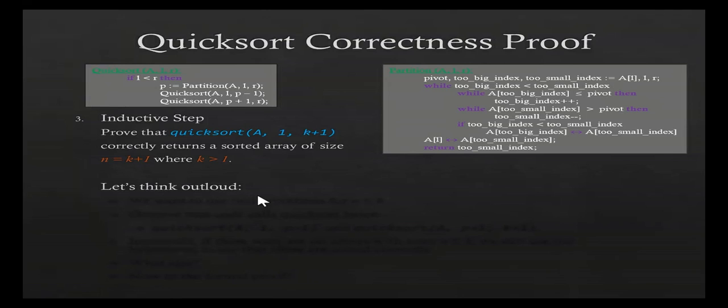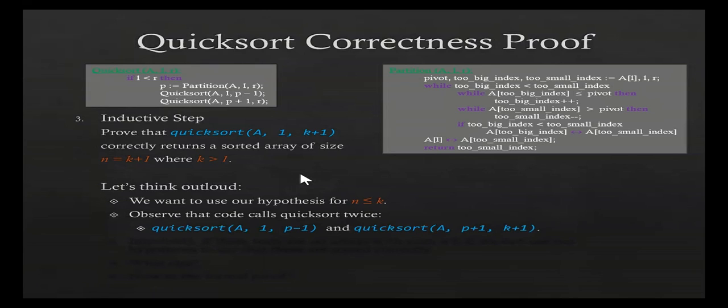So let's think about it. We want to use our hypothesis for n smaller than or equal to k and observe the code that must cause the two quicksort calls, right? Because we have more than 2 elements, we have left subarrays and right subarrays.